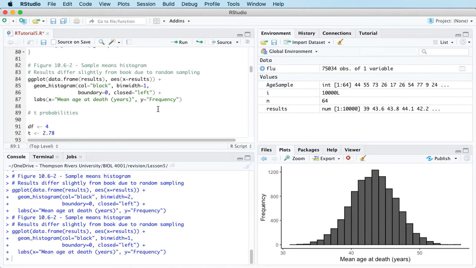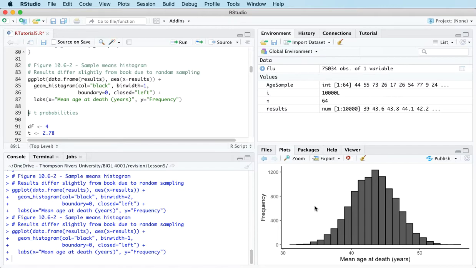Okay, so the other thing to notice here is that the central limit theorem is telling us that the mean of measurements randomly sampled from a non-normal population is approximately normal, and we actually know from theory what the mean and the standard deviation of those sampling distributions are.